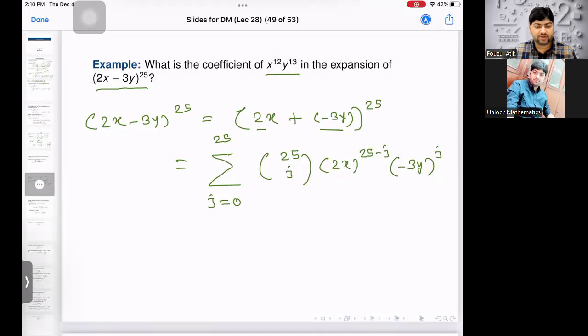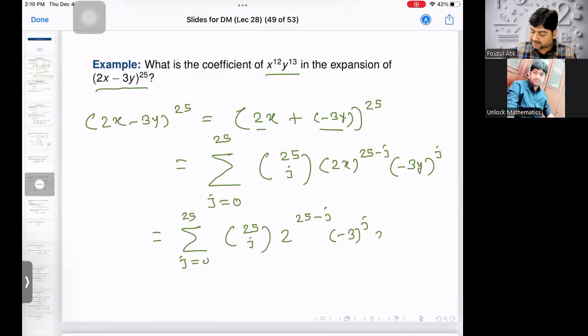Yes or no? This I will have. So I'll simplify this and I'll get summation of j equal to 0 to 25, then 25Cj into 2 to the power 25 minus j into minus 3 to the power j into x to the power 25 minus j into y to the power j. I can write this much.